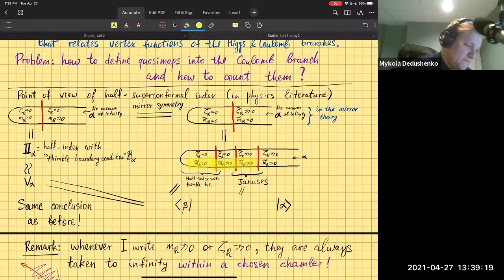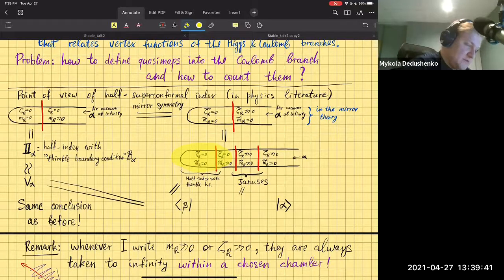And for the phi parameter, instead of going from 0 to a large value, we do it also in steps like this. So the point is that now this part looks exactly like this, but in the mirror theory.